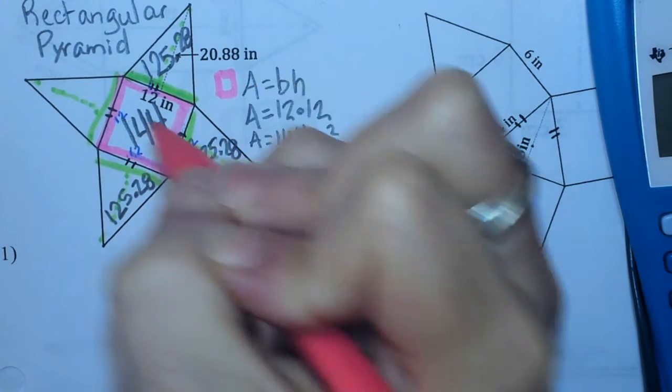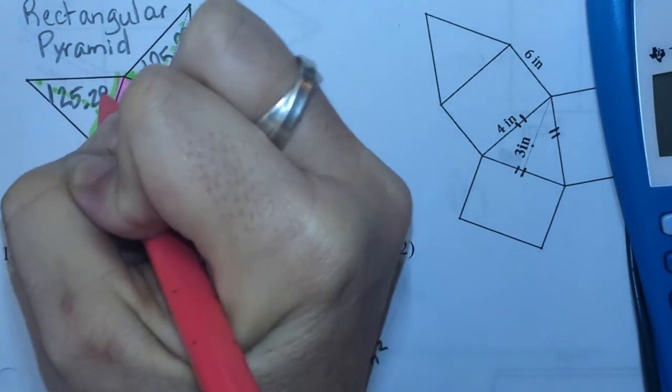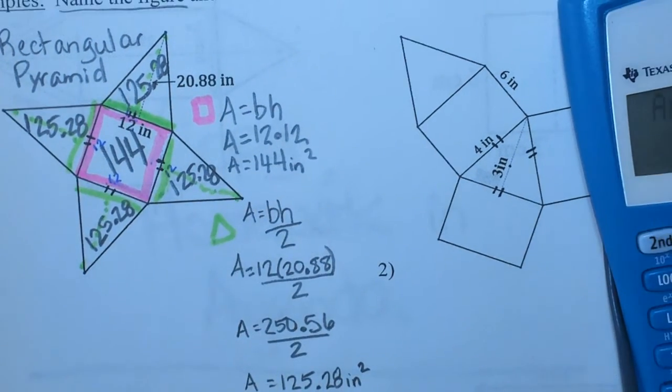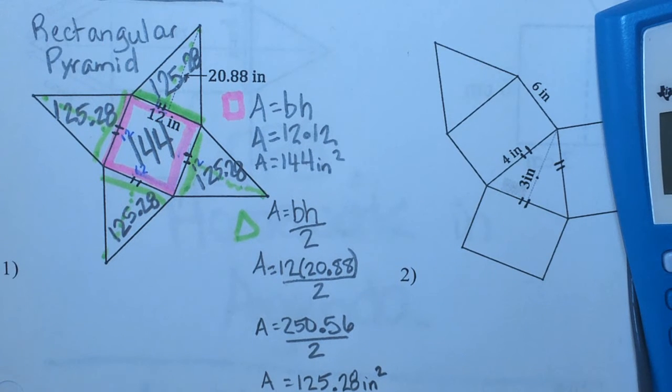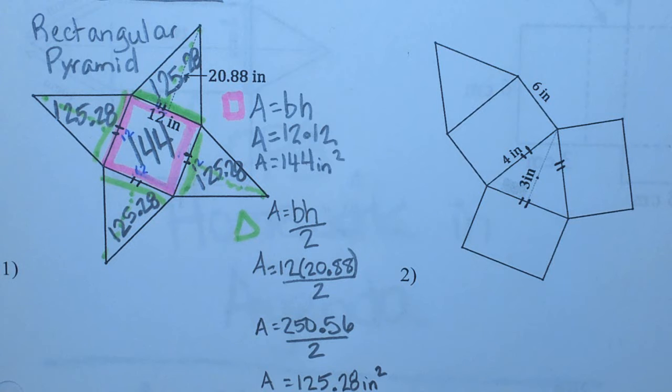And you don't have to write it in every one. But what it helps is the last step. We got to put all those together. We've got to add them up. And some kids, if they don't write them in there, then they're only adding 125.28 plus the rectangle. But there's 4 triangles.